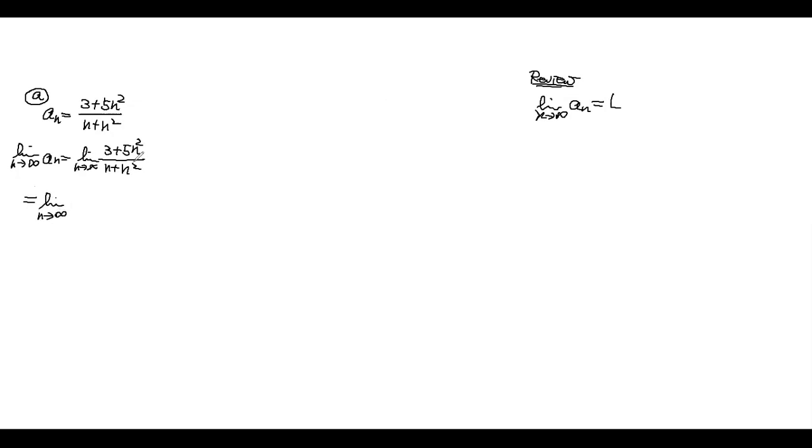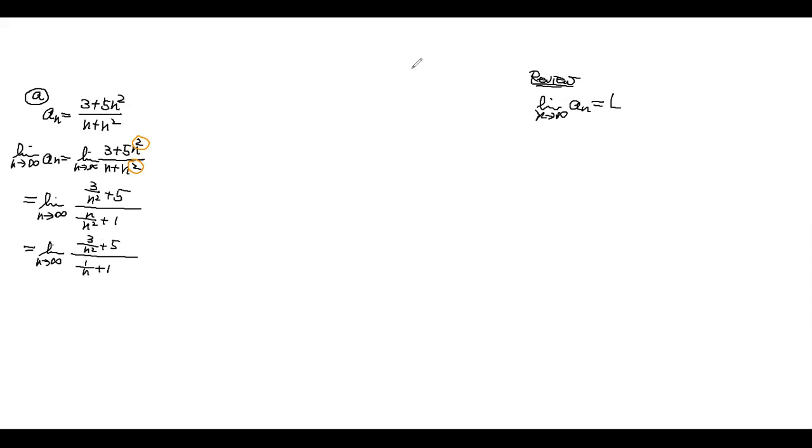Here this is n^2, and this is n^2. So let's divide by n^2 and see what we have. The denominator becomes 1/n + 1, and the numerator becomes 3/n^2 + 5.